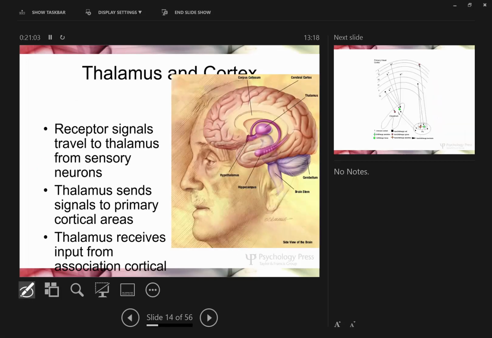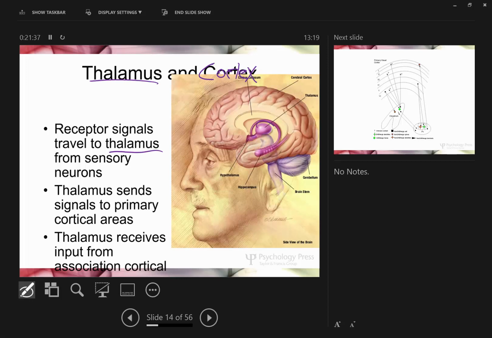But we should think about something called thalamus, and this says cortex. These are the two major divisions in your brain that are going to handle incoming sensory signals. We'll talk about specific subdivisions of each of these regions as we go, but for right now, let's think about them broadly. When you have a sensory signal, whether that's coming from the eye, the ear, the body, the first destination is going to be the thalamus.